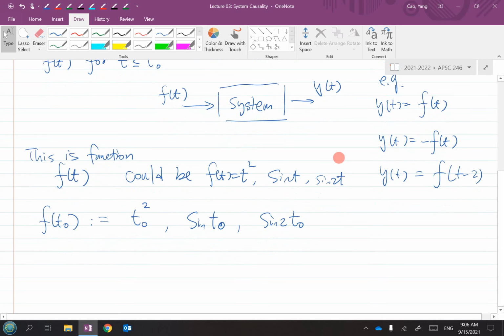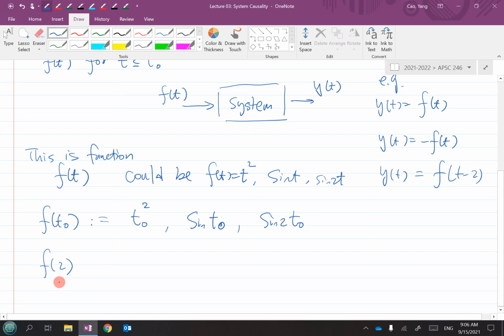Now, a common mistake: sometimes we have f of 2, or sometimes we just have f of t naught. You must realize this doesn't mean f times bracket t naught. I've seen that so many times. People sometimes interpret this as f times 2, for example, and this is completely wrong.